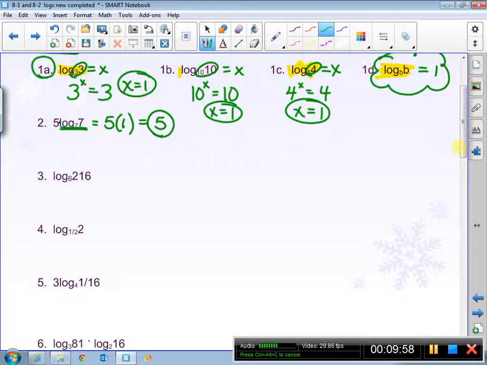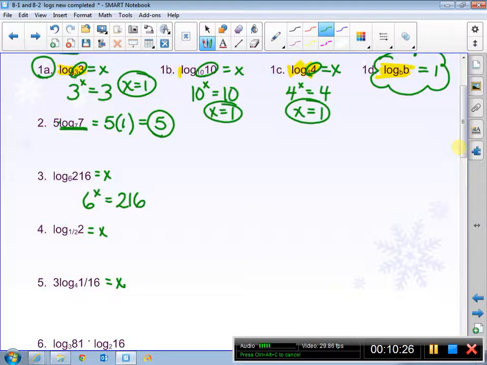Number 3. So looking down the row here, none of the rest of these match. So we're going to set these equal to an exponent or a value, and we're going to rewrite them. So number 3, base to the exponent equals the number.